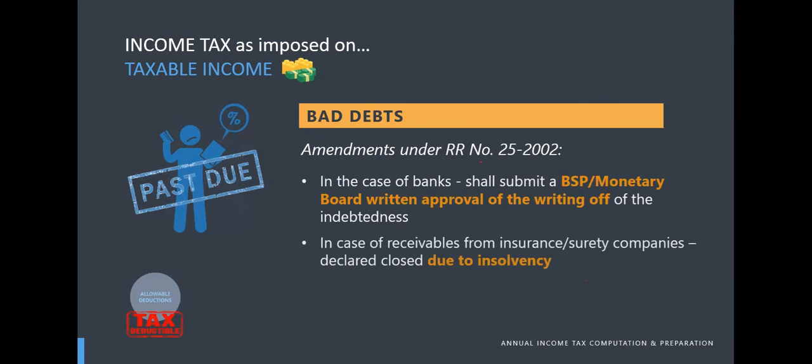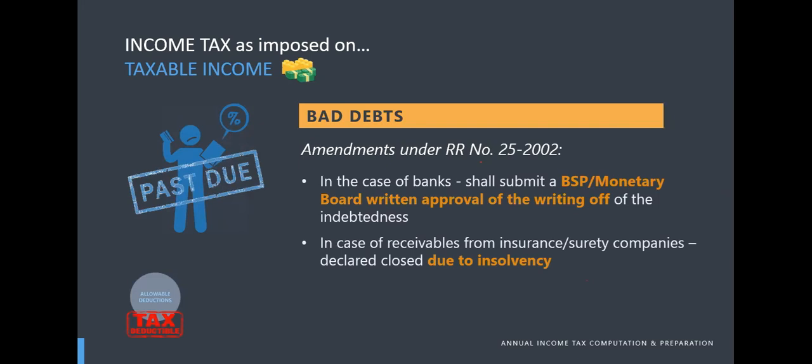Then, in the case of receivables from insurance and surety companies, they cannot claim bad debts or write off debts unless the company is declared closed due to insolvency.